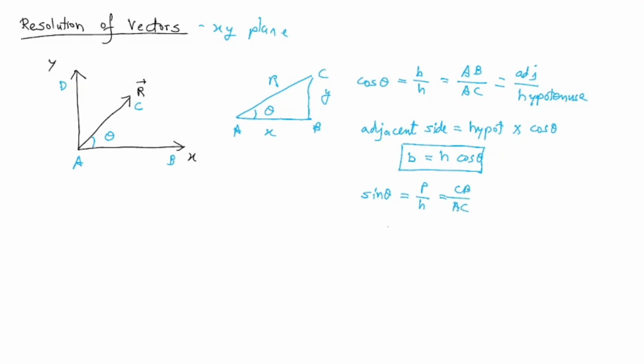Notice that CB is the side opposite to the angle, by hypotenuse. That means P, or perpendicular, is the side opposite to the angle, equal to hypotenuse times sin theta.